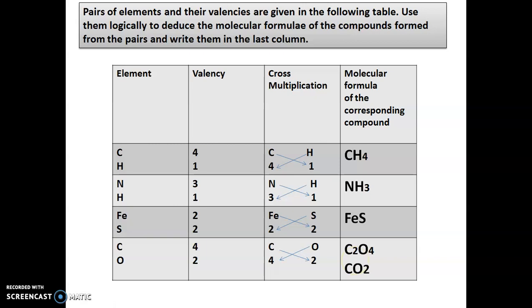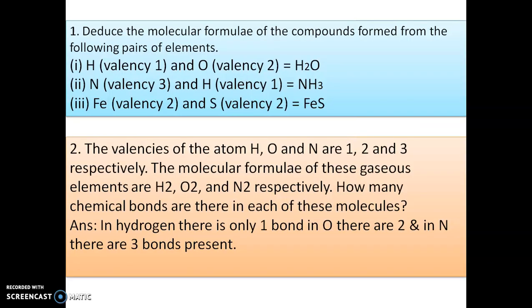So when elements and valencies are given to us, by the method of cross multiplication we can find the molecular formula. Here some questions are given. This we have already discussed. So you can pause the video and write the answers directly in your textbook. From valency we can write the formula: H valency 1 and O valency 2.